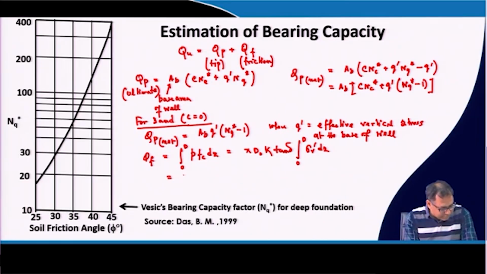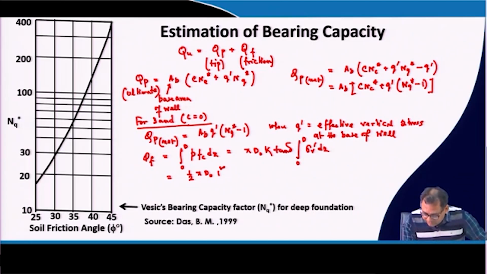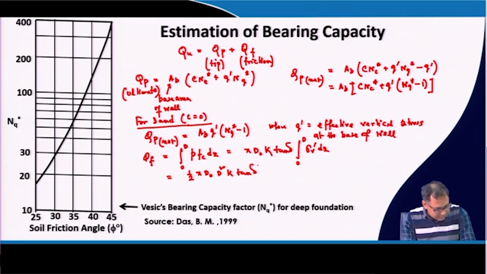So, this is equal to half, then pi d0, which is the perimeter, into L square, or I should write D square, which is the depth of the well below the scour level, D square into K into tan delta, into gamma.